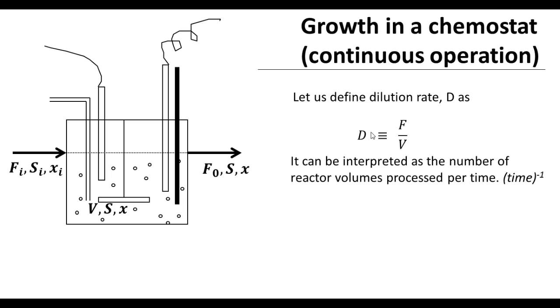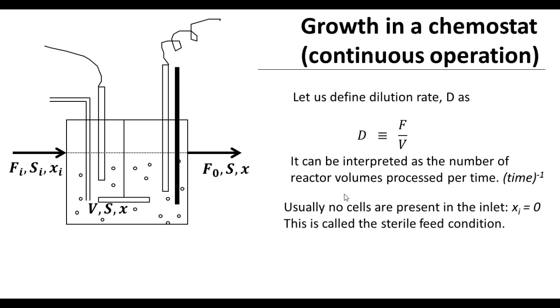If you visualize it that way, the dilution rate can be interpreted as the number of reactor volumes processed per unit time. So it needs to have a unit of time inverse. Just think about it a little bit, see whether you are comfortable with the interpretation of number of reactor volumes processed per time.